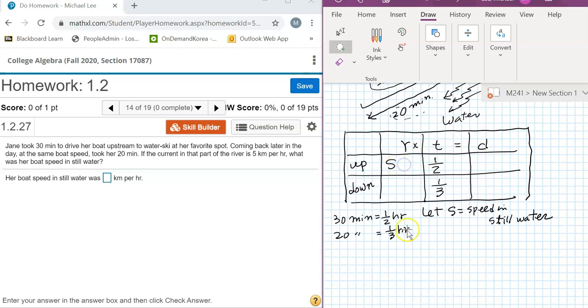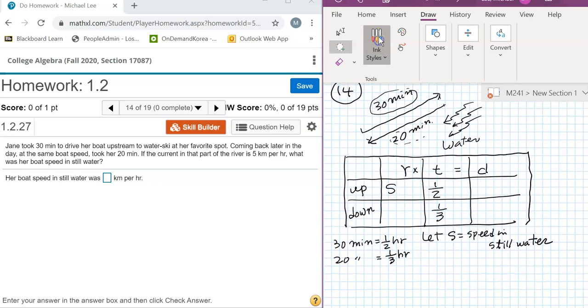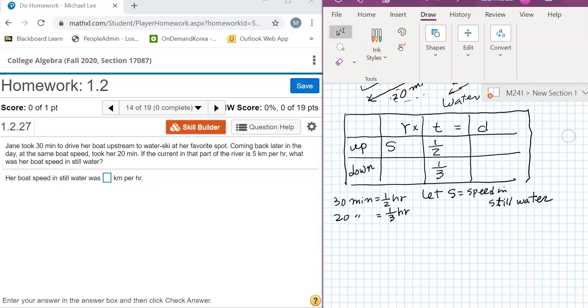How much do you lose? They say you lose 5. When you're coming down, you gain that water speed, 5. But like I said, the distance is the same. This is 1/2 times S minus 5. This is 1/3 times S plus 5.